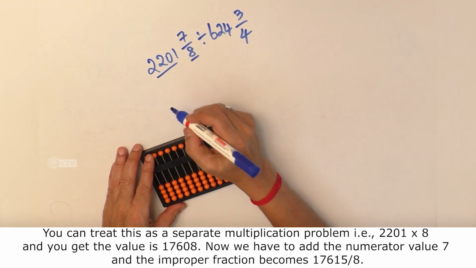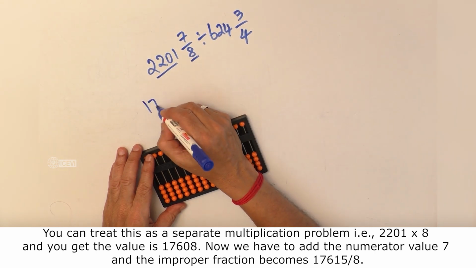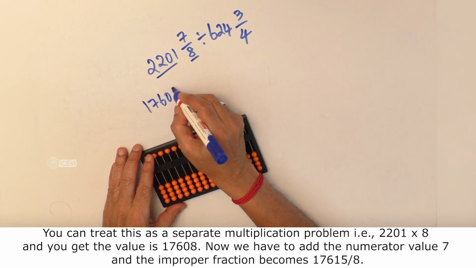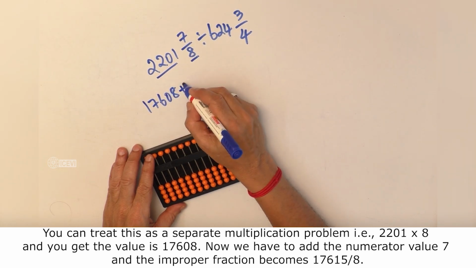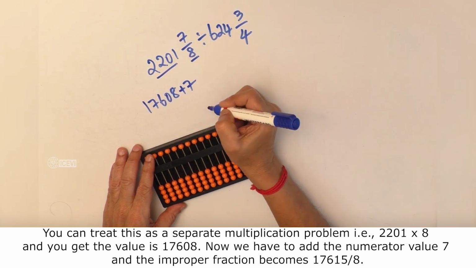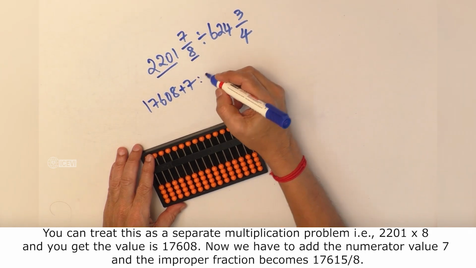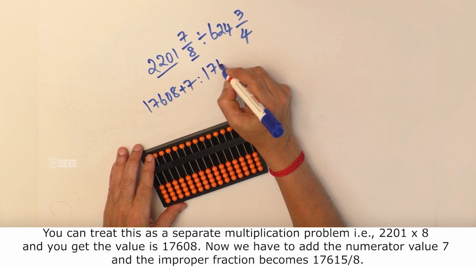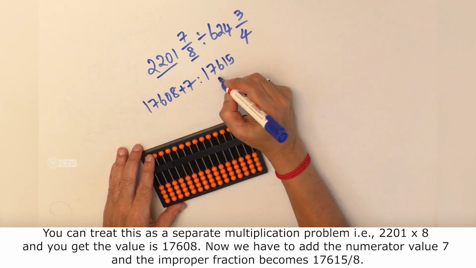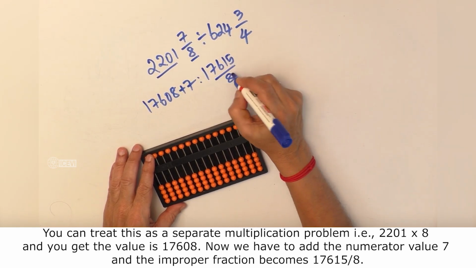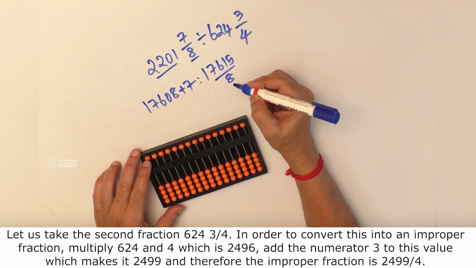When you multiply, you get the value 17,608. Now we add 7 to the value and the improper fraction becomes 17,615 divided by 8.